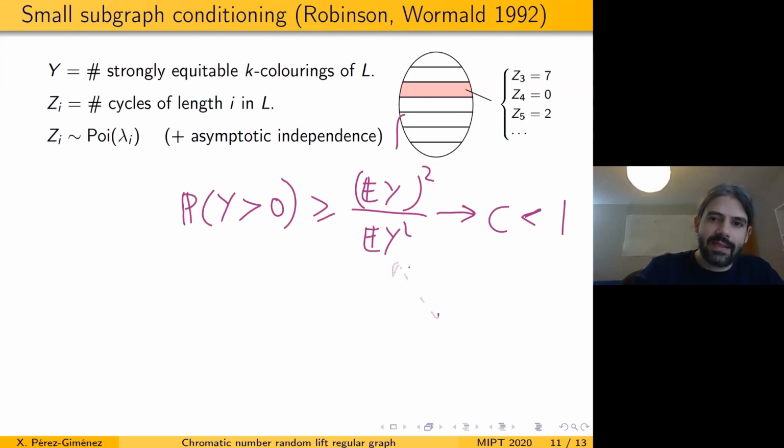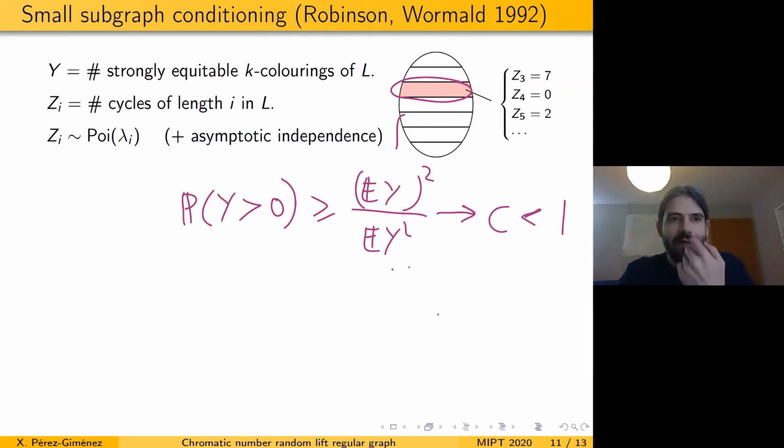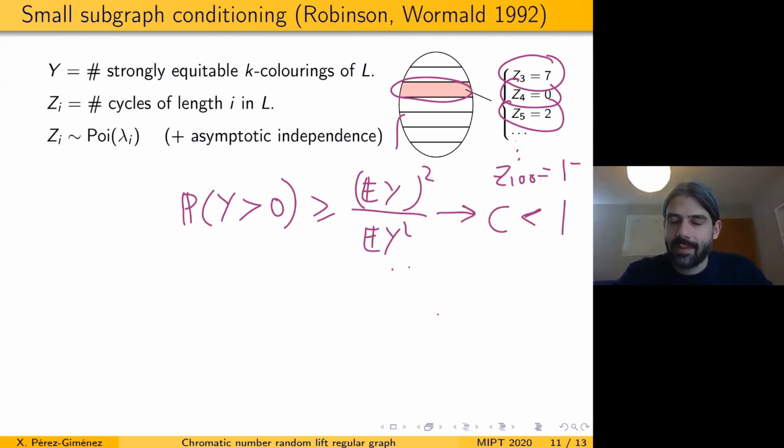The long story short is that if this is my probability space and I slice it according to how many cycles I have of different lengths, each of these slices corresponds to conditioning, saying Z_i is the number of cycles of length i. So when I take a random lift, suppose that I condition on having 7 triangles, no 4-cycles, 2 cycles of length 5, up to maybe 17 cycles of length 100.